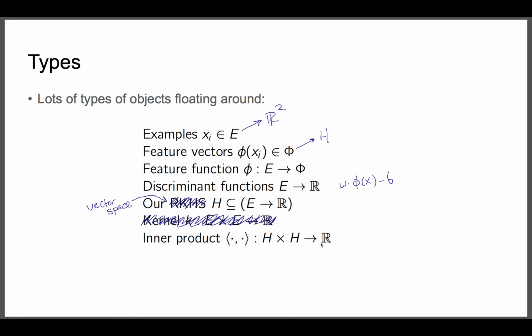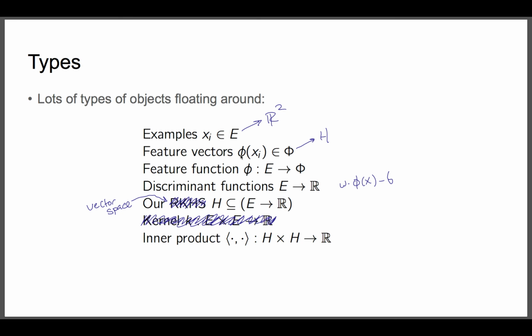And so it's good when you run across a new object to think about what its type is. And it's always good as well, if somebody tells you to apply a particular function to a particular object, to make sure that the function is of a type that can actually apply to that object. So for example, if somebody told you to take the inner product in H between two examples, you couldn't do that, because this inner product is only defined on entire functions.